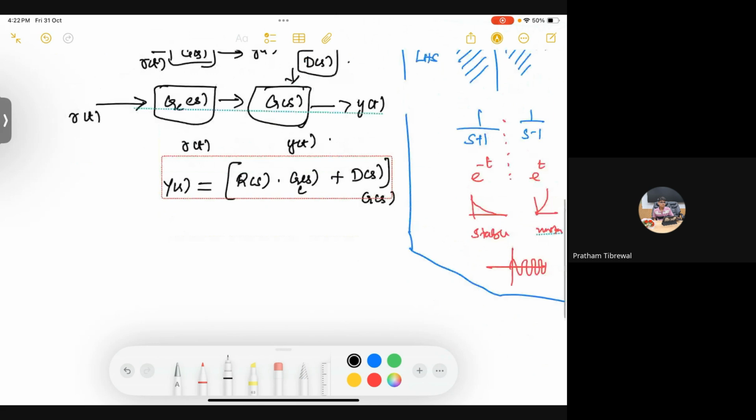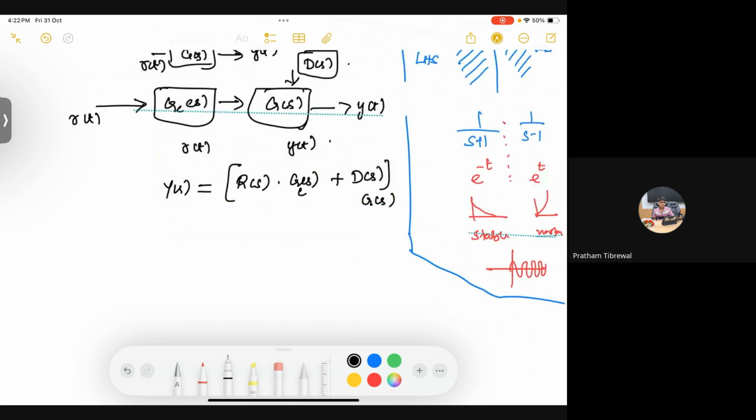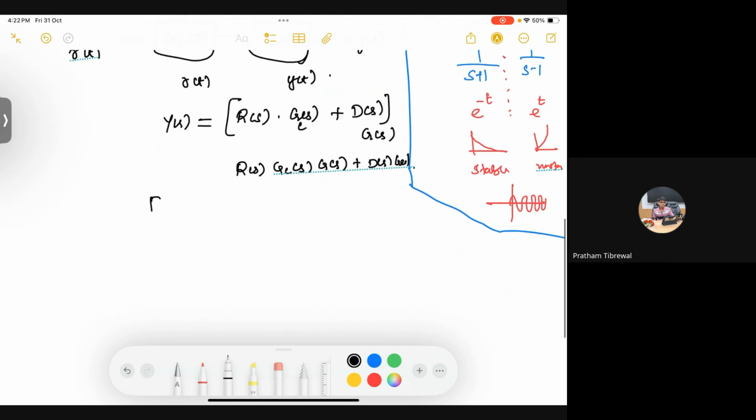As everything is in a cascade, this will become R of s GC of s into G of s plus D of s into G of s, right? So the open loop error, I'm calling this open loop, would be the input R of s minus the output Y of s.